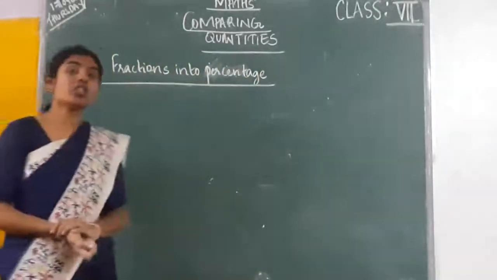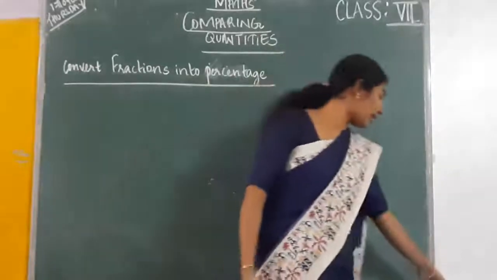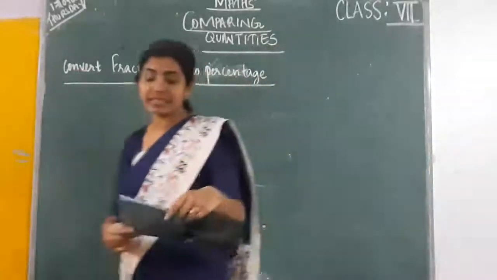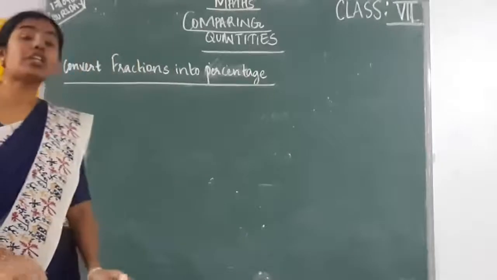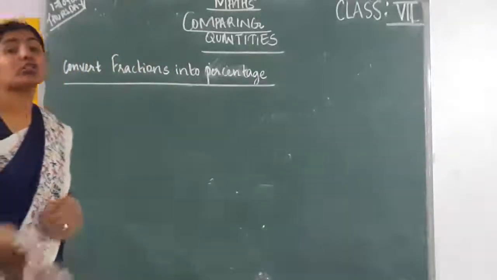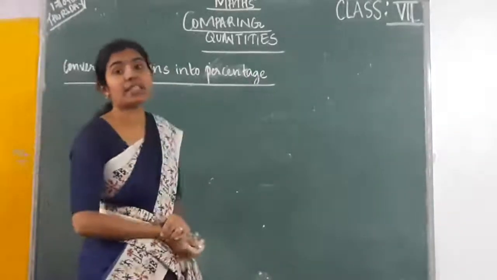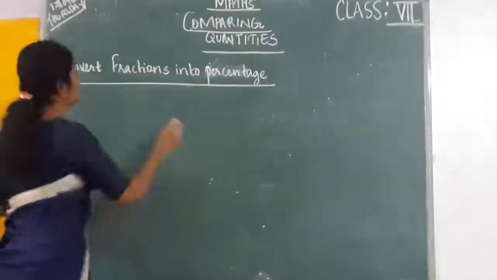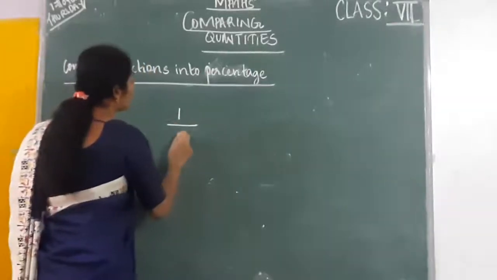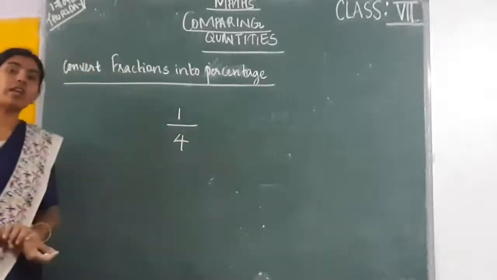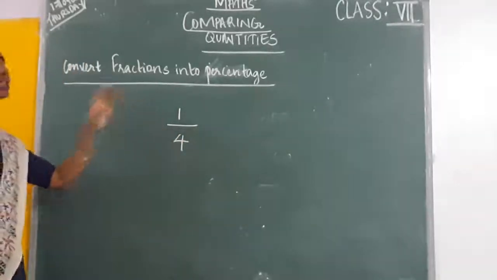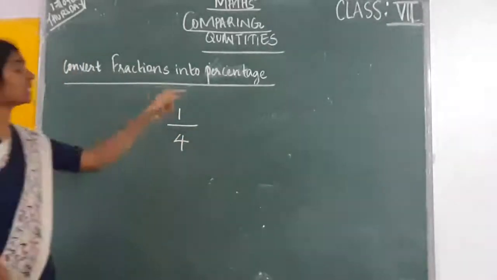Now, you should know how to convert fractions into percentage. So see here, when you are given a fraction, how do you convert it into a percentage? For example, 1 by 4. You want to convert this fraction into percentage.